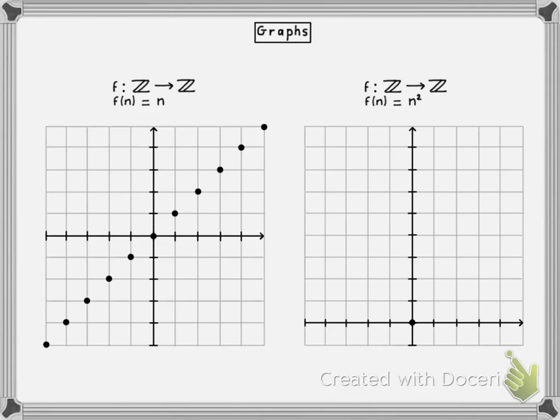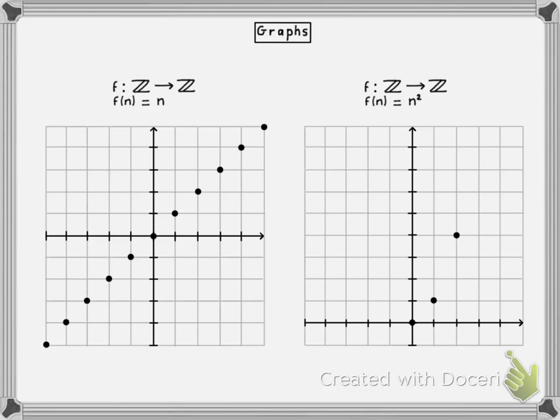For n equals 1, well, 1 squared is again equal to 1, so this function starts out looking like the identity function. But of course, when you move up to n equals 2, 2 squared is 4, so the next dot to draw in the graph is the pair 2, 4. Remember, 1, 2, 1, 2, 3, 4.